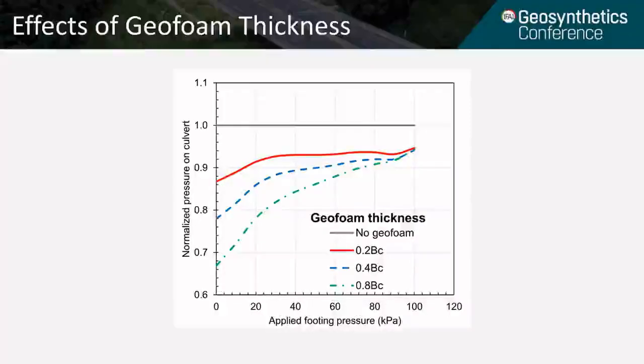This reduction decreases as we increase the applied footing pressure, reaching about 0.92 or 0.93 at 100 kPa. So basically, there's only about a 7% reduction in the pressure at 100 kPa. However, it was about 32% for the 0.8 BC condition.